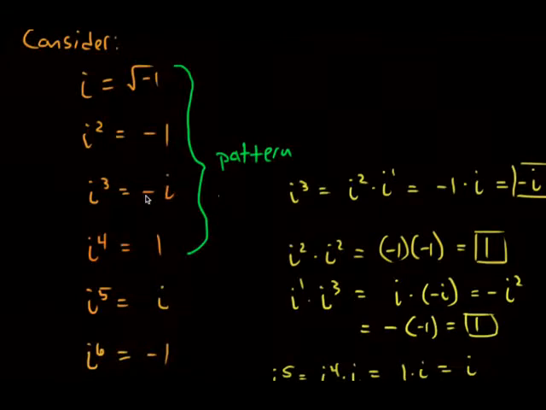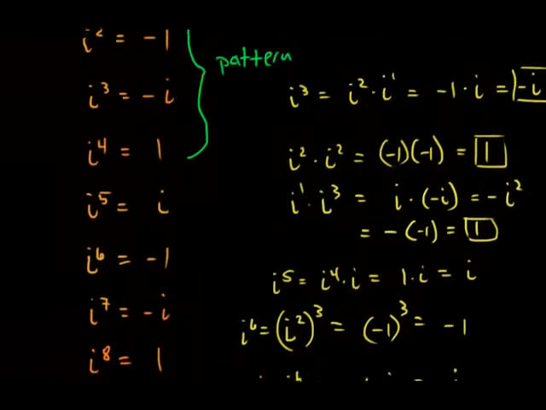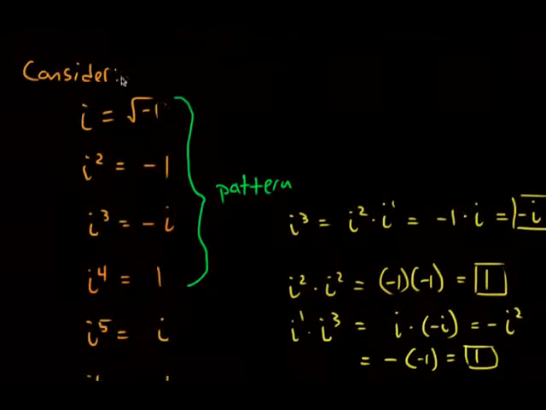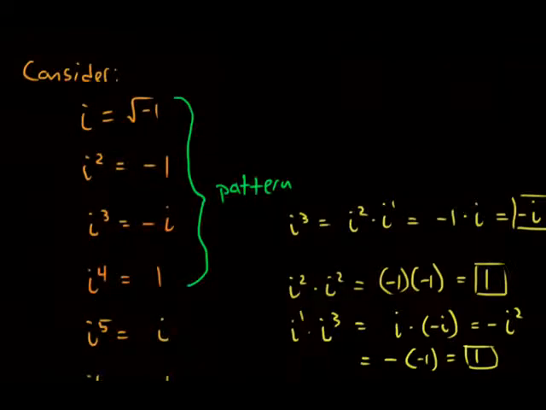Because i cubed is -i. And negative -i is +i. Is that what I expected that to be? It is, right? I was expecting it to repeat i, like this one and this one, right? So every fourth term is the same, is what we realize.